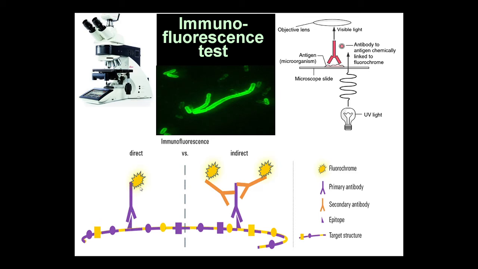If you take a specific antibody against this antigen of the bacterium, the antibody binds to this antigen and brings to the surface of the bacteria a fluorescent dye, for example, fluorescein. After that, lighting of this bacteria by UV light makes the bacteria visible because they emit light as a result of the presence of the fluorescent dye.